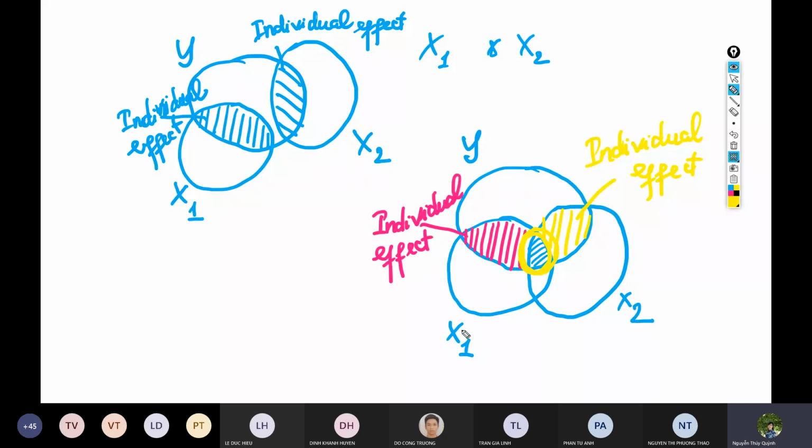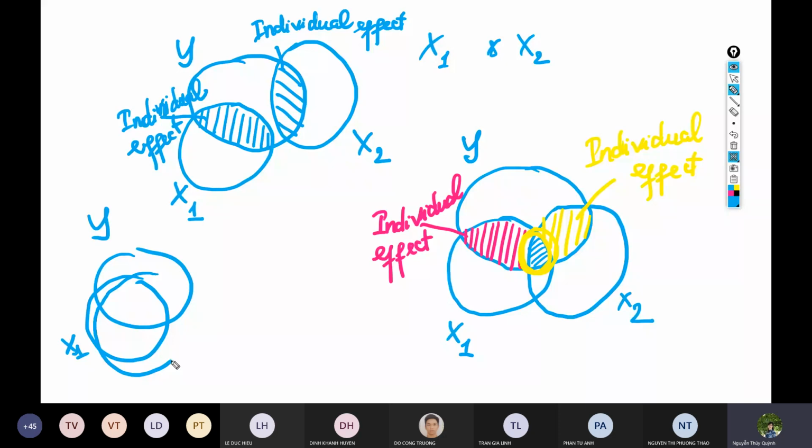Now let's see whether there is an individual effect of one independent variable on the dependent variable. Sometimes, if there is a very high correlation between x1 and x2, for example in this case, where this is our y, this is our x1, and this is our x2, the individual effect of x1 and the individual effect of x2 are too small.